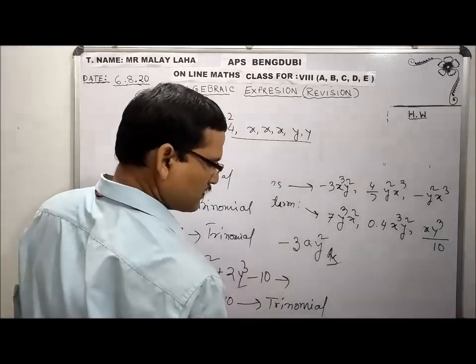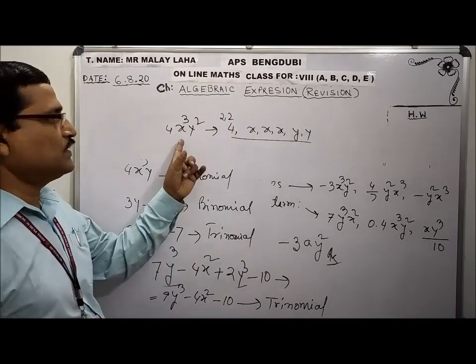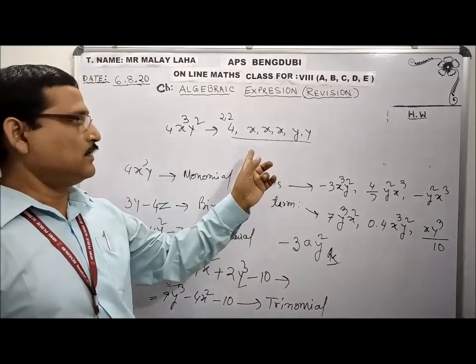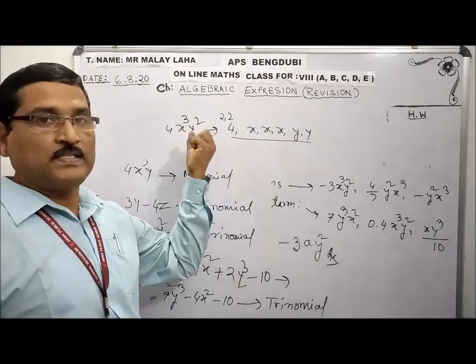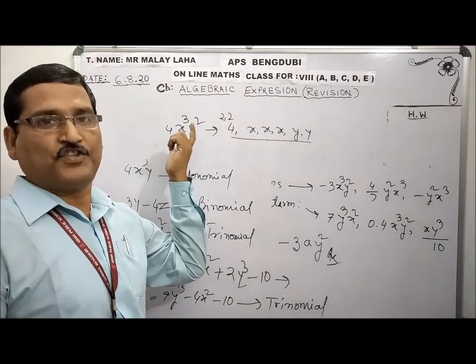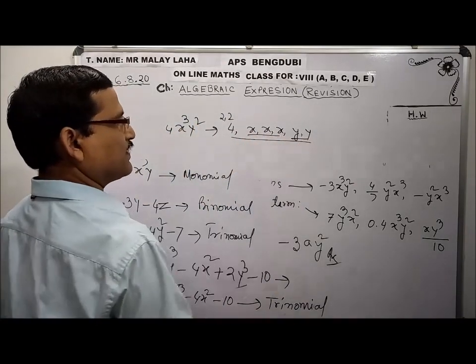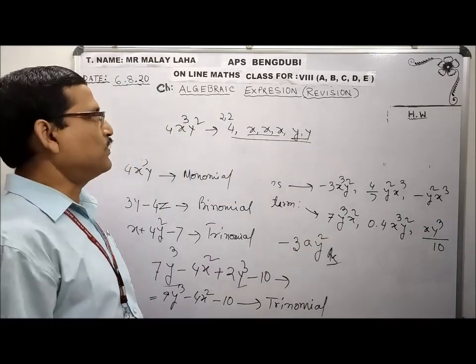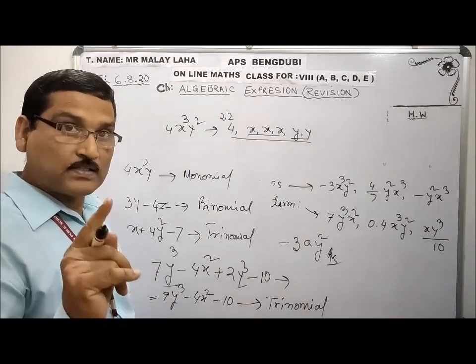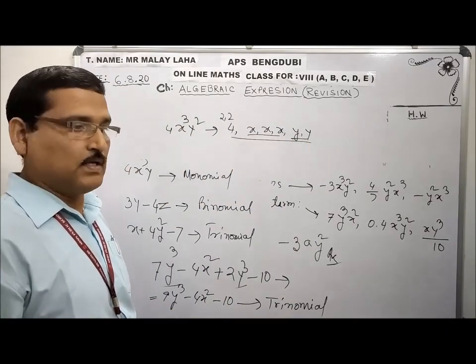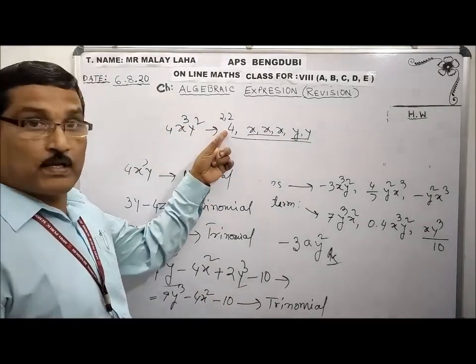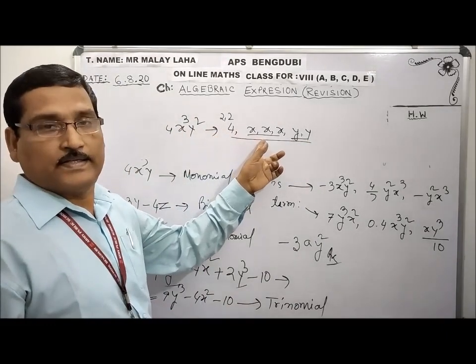So after multiplying, the same number comes. So these are the factors present inside the term by multiplying each other. Okay. So after multiplying I am getting x cube and y raised to 2, and 4 before it. So each part is called a factor of the term. This is called the numerical factor and this is called the literal factor.